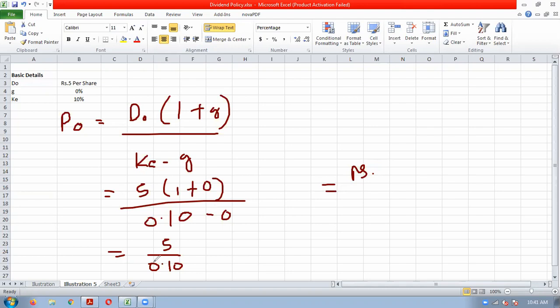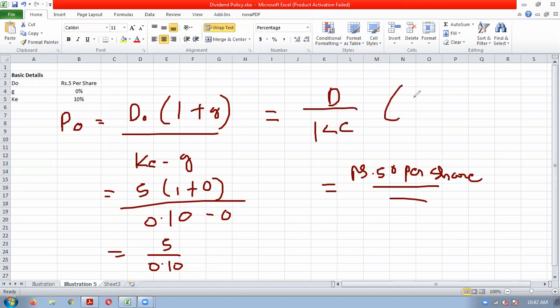So what will be the market price per share in this question? Everybody solve this part. So what should be the market price? 50, no? So the market price will be rupees 50 per share. So this is the solution. If growth is 0, you can also write it as D divided by KE, because if growth is 0, you can use this formula directly.